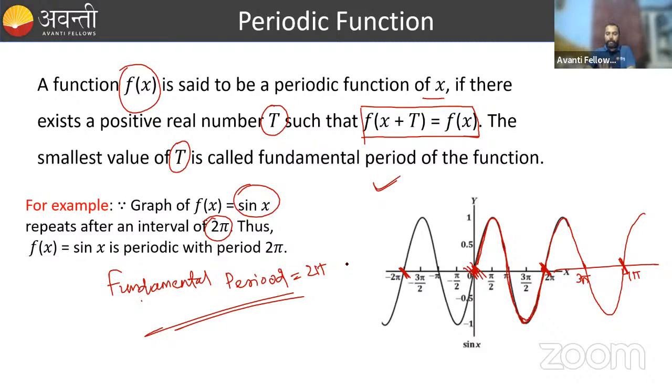What is fundamental period, and how can we find the period? How can we visualize the period of a function by using the graph? Any doubt you have, you can ask. कोई भी doubt हो तो पूछ सकते हो. और भी बहुत सारा concept है इसके ऊपर, जाएंगे धीरे धीरे, don't worry.